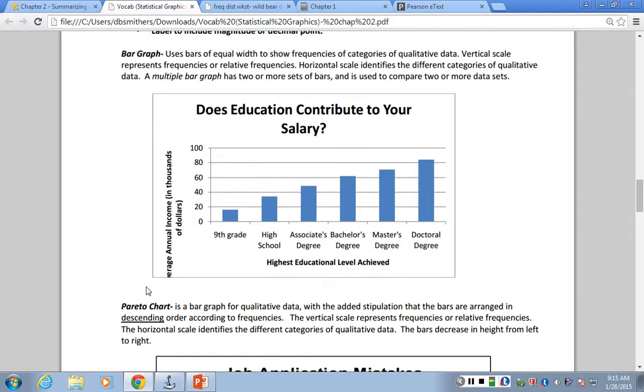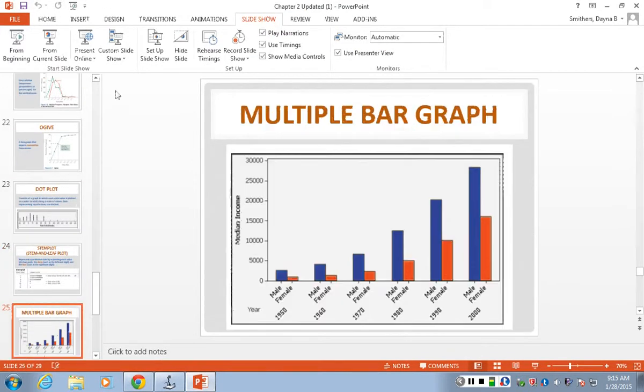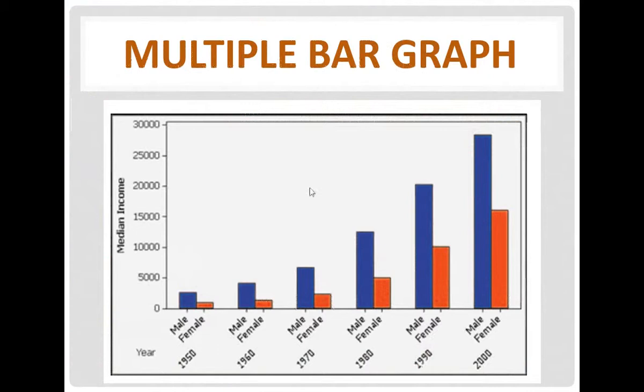With the multiple bar graph, you have 2 or more sets of bars, and that can be used to compare your data. So again, just like the histogram, notice I have the different axes labeled, I've got my title still, so everything is still represented in the graph. I think we show one in the PowerPoint, a multiple bar graph that has median income.